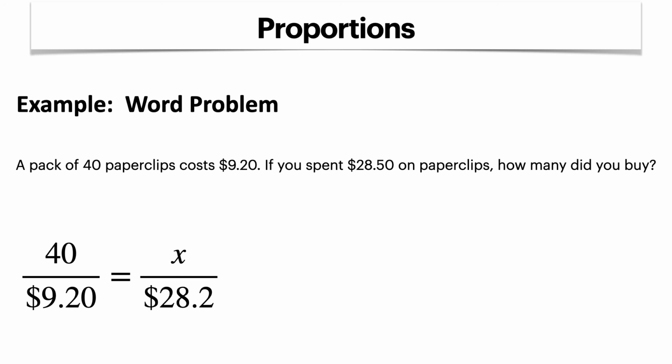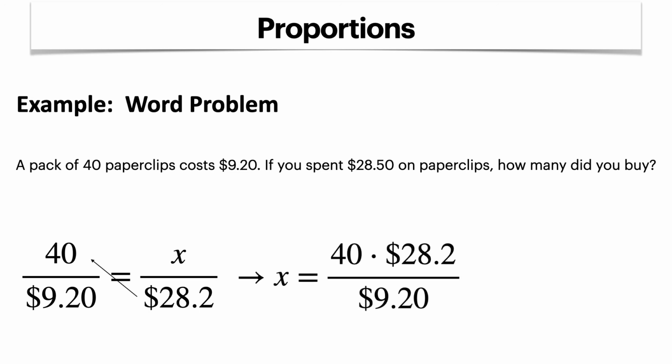We can solve using cross multiplication. I've done that here. 40 times $28.20 divided by 9.20 is 124 paper clips, rounded, of course. I had to round up a little bit. But that is how many paper clips. Proportions are a fundamental thing of mathematics, and I hope that gives you a head start of how to do them.